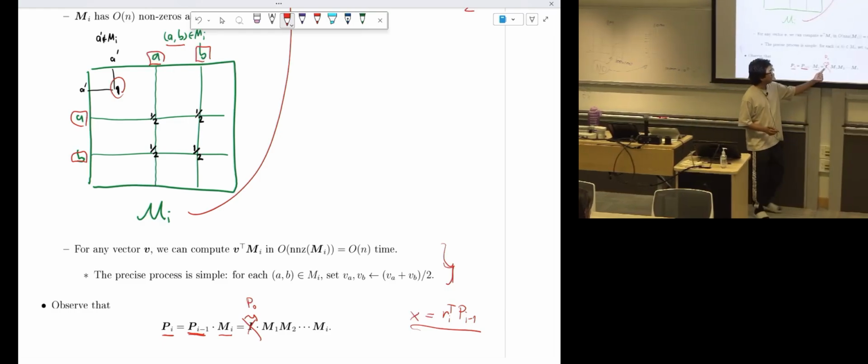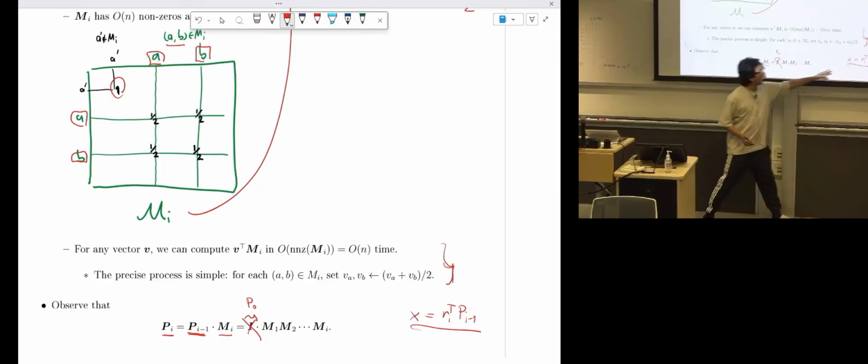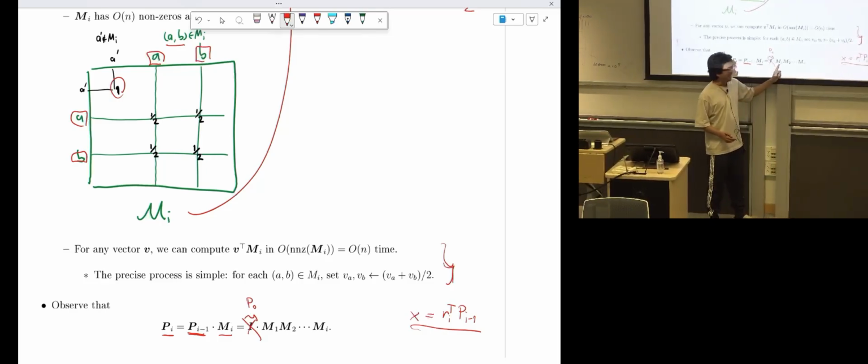Exactly. Just multiply the random vector R to M1, you get one vector, you multiply it to M2, you get a new vector, and repeat. Each of these takes n time. There are I iterations, so that's n times I in total.